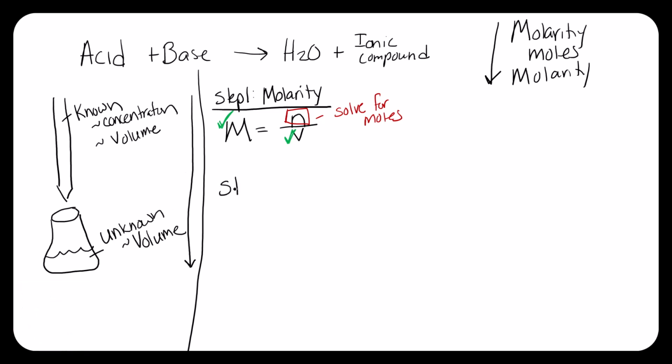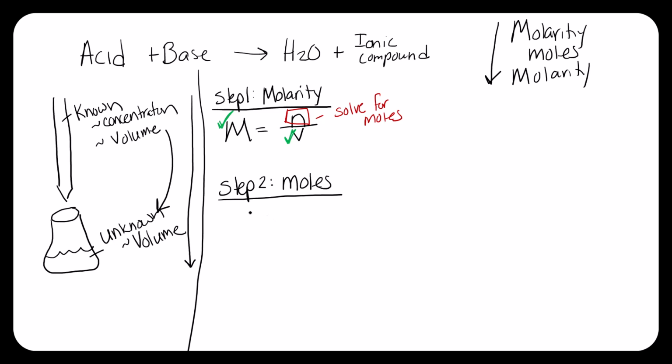Step 2 is going to be moles. In this step is where we make our jump from known to unknown. So in this step, we're going to use the balanced chemical equation to get from moles of our known to moles of our unknown.